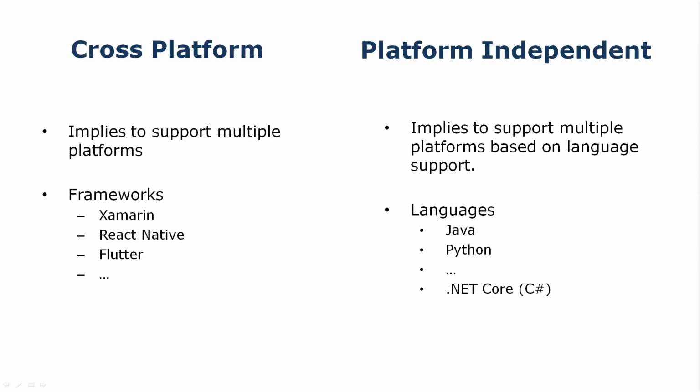There are many frameworks available in the market for developing cross-platform applications, like Xamarin, React Native, Flutter, etc. Whereas for developing platform independent applications, there are many languages available too. For instance, Java and Python have been there for a few decades. To that list, .NET Core is adding.